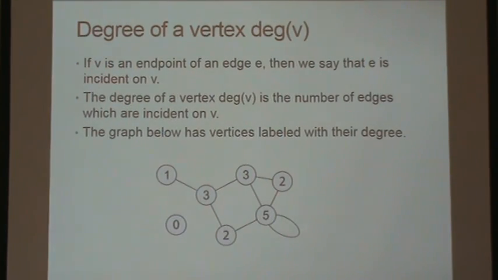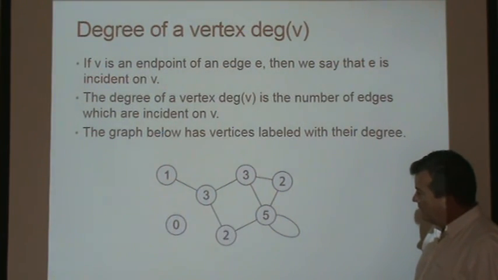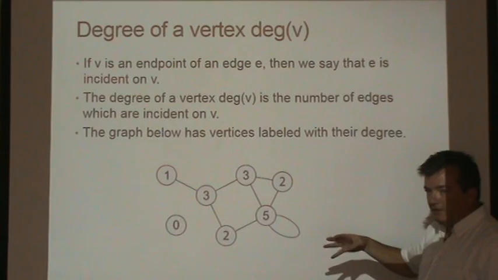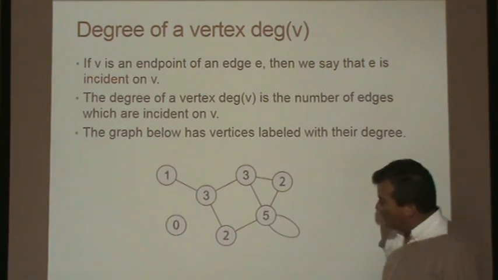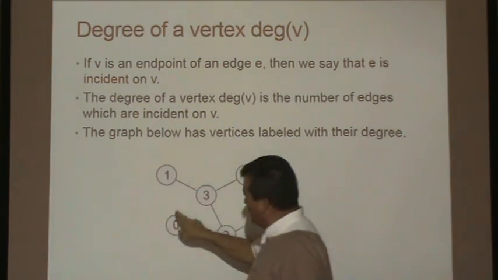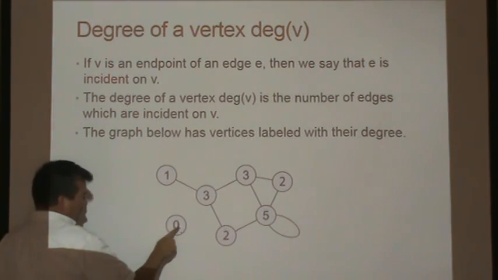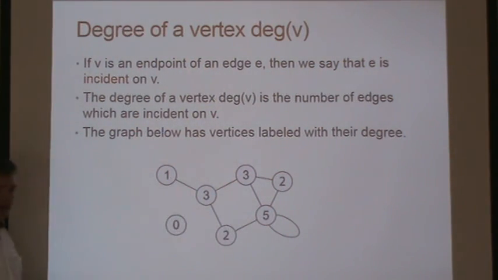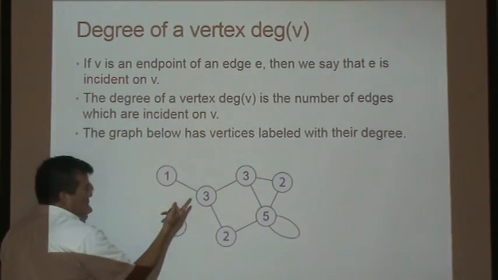Okay. Then the degree of a vertex would be the total number of edges that are incident on that vertex. Here's a graph with a bunch of vertices, and the vertices are labeled with their degree. For example, this vertex has no edges incident on it, so it's a 0. This vertex is connected to 1 edge.